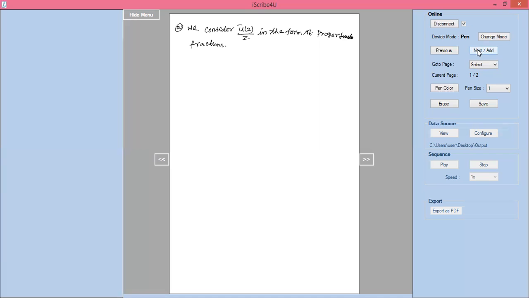Next, we multiply by z to have u bar of z involving various terms of the form c into z divided by z minus k.